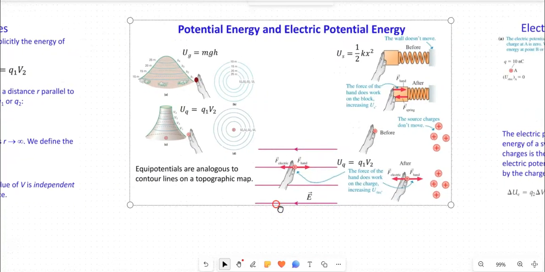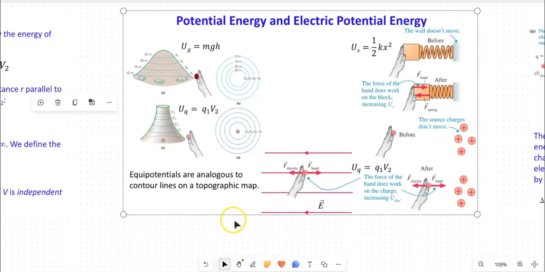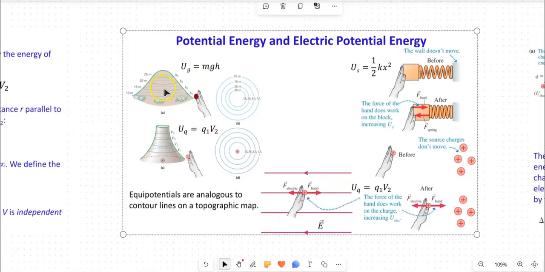So moving over here, we have to think about potential voltage as a height. Here is our voltage map, much like gravitational potential energy. If you're trying to push a ball uphill, you're increasing its height.